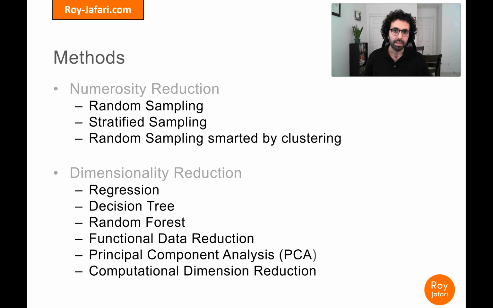In the next couple of videos, we are going to look at these methods. We are going to look at three methods for numerosity reduction: random sampling, stratified random sampling, and random sampling smarted by clustering. And for dimensionality reduction, we are going to look at a couple of methods such as regression, decision tree, random forest, functional data reduction, principal component analysis, and also computational dimension reduction.